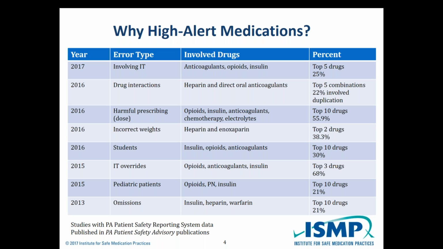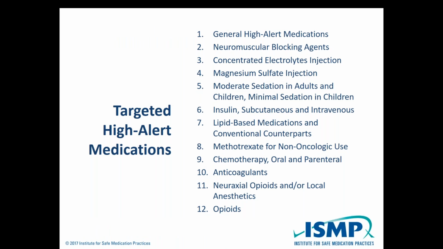They've usually come to the top with the top medications that are involved in serious harm or adverse events that actually lead to patients being admitted to the hospital. From this list, you could see that those medications that rise to the top are insulin, heparin, warfarin, opioids, and several others, but we're actually going to talk about even more than these in this self-assessment.